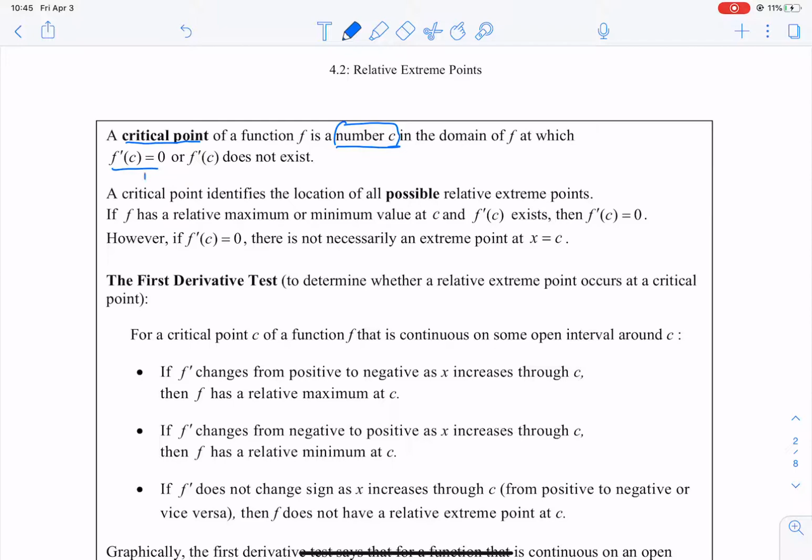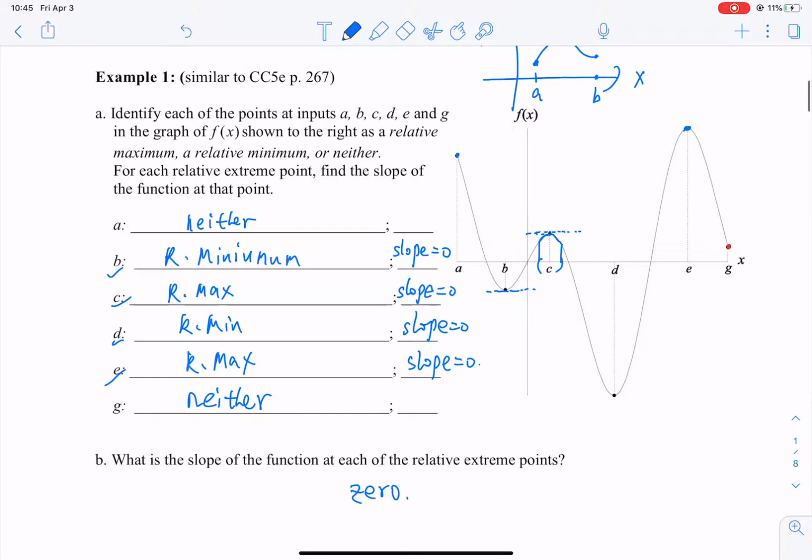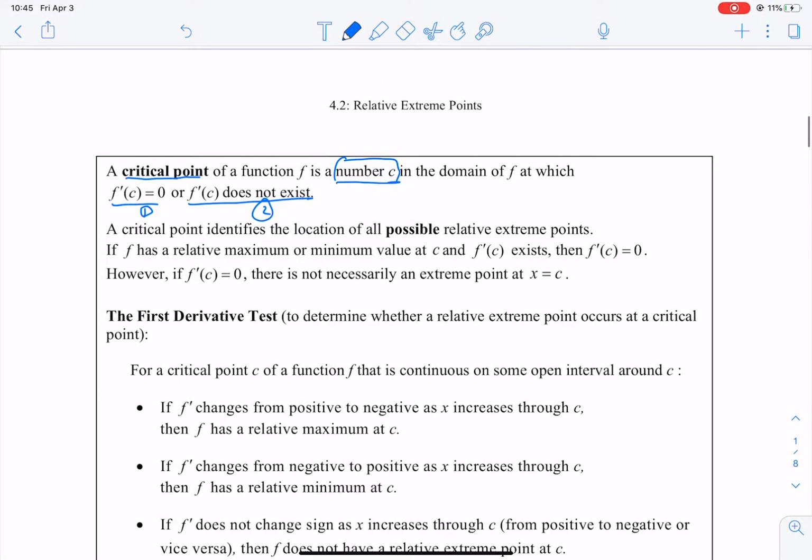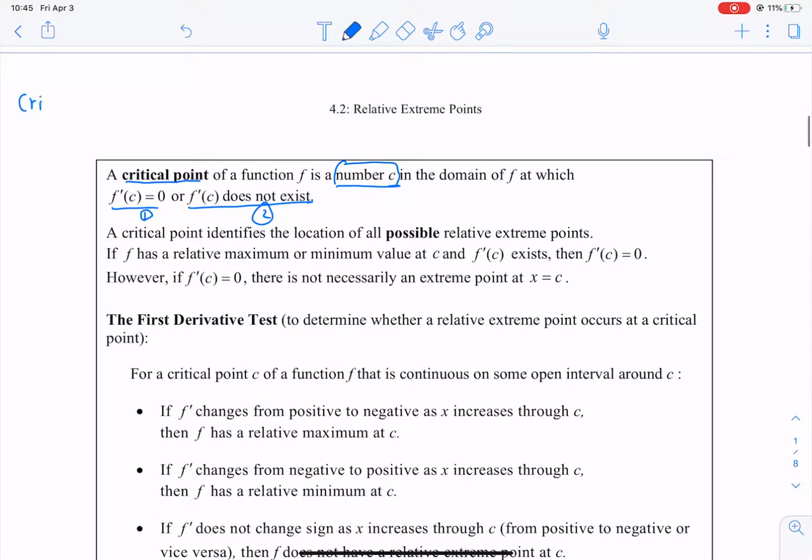So we have two cases. This is the first one and this is the second one. And let's go over. We just learned if a point is a relative extreme point, then the corresponding derivative must be 0. And this is the critical point. For a critical point, there are two possibilities: either f prime of c equals 0 or f prime of c does not exist.